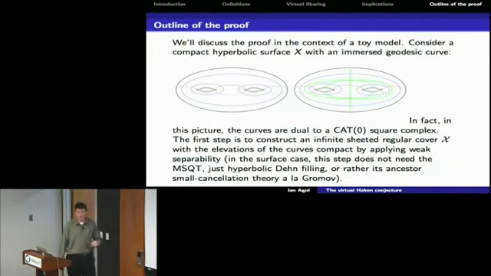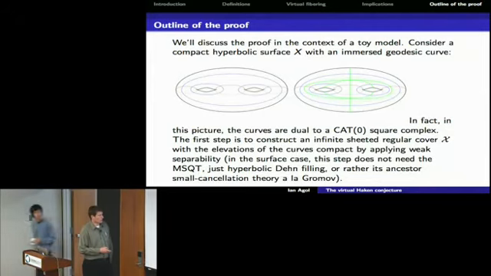So we have this CAT(0) cube complex, and the first step then is to construct an infinite sheeted regular cover, this X here, where the hyperplanes, which are in this case these curves, are compact, so they remain curves.